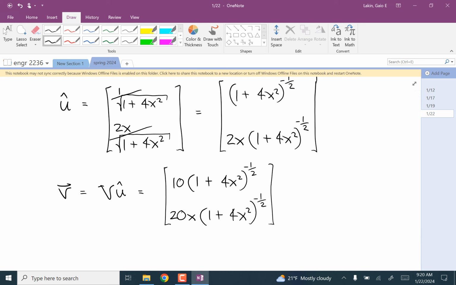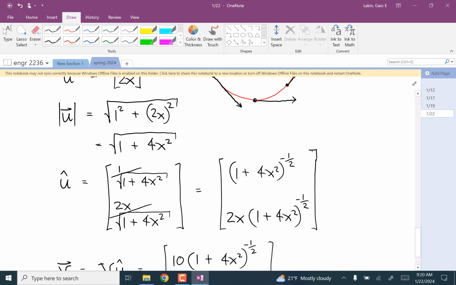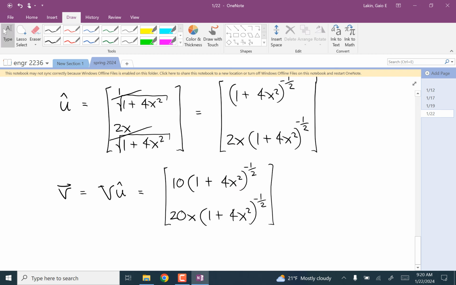Okay, are you with me on that? So all of these steps have gotten us back to the starting point of the chain rule problems we've done so far.